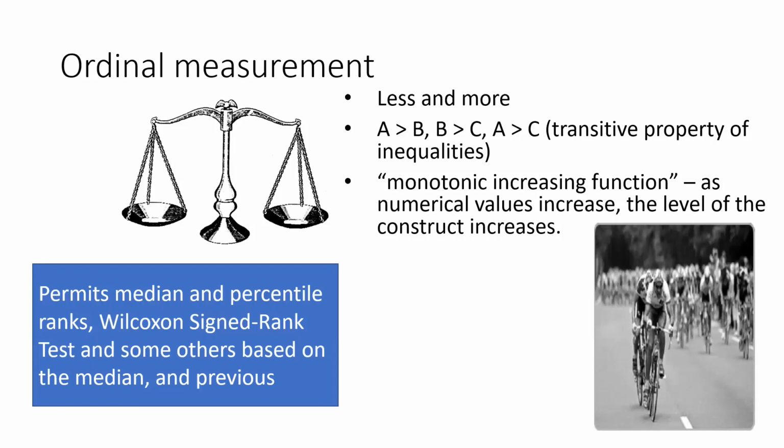The fancy way of saying this is that ordinal measurement has monotonic increasing functions, which means that as values increase on the scale, the level that is measured also increases. There's no place where there'll be a dip.